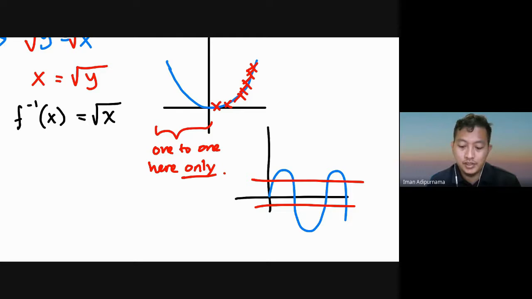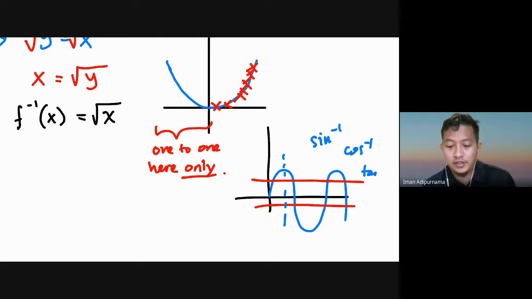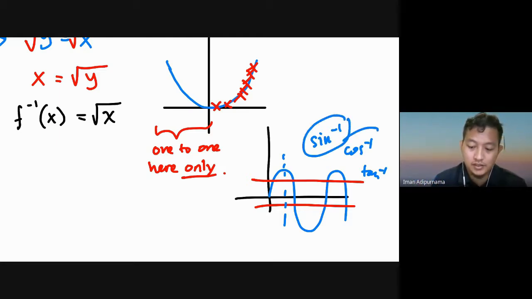But if you restrict the domain, maybe setting up here, then you can have a one-to-one function, right? And then you can have the sine inverse, cos inverse, tangent inverse. That's just the idea of how you will get this.